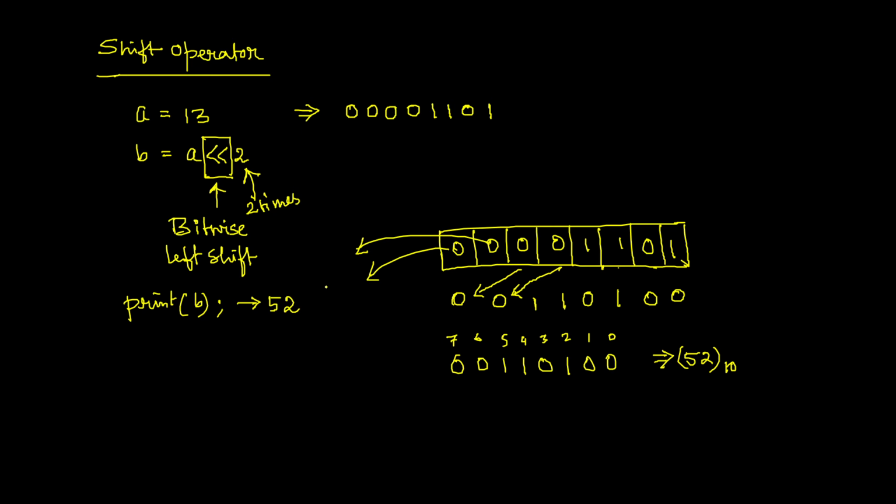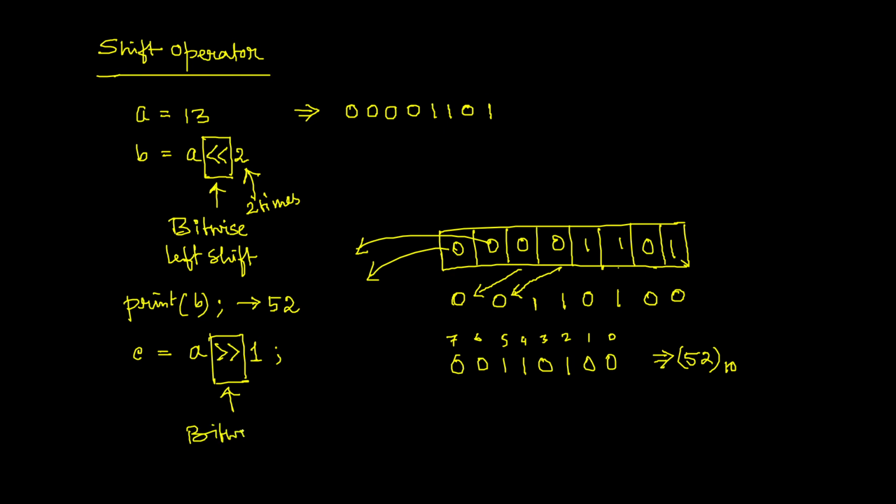Now see, this bitwise operator has a very important activity. Not only left shift, I can have the same thing for a right shift also. For example, if I write C equal to A >> 1, it means that we will have a bitwise right shift.